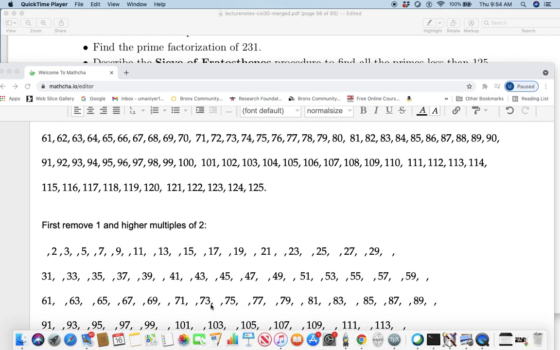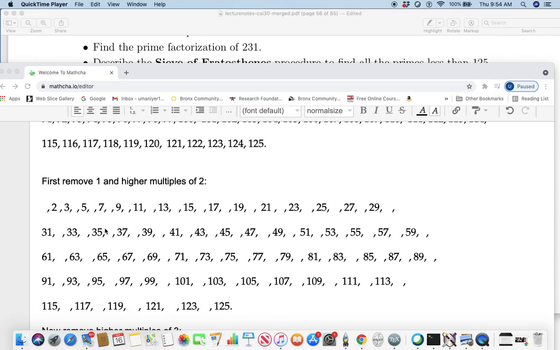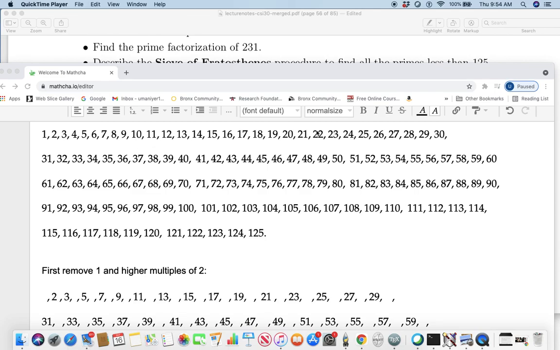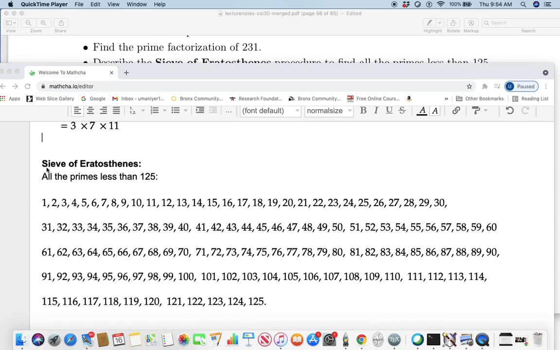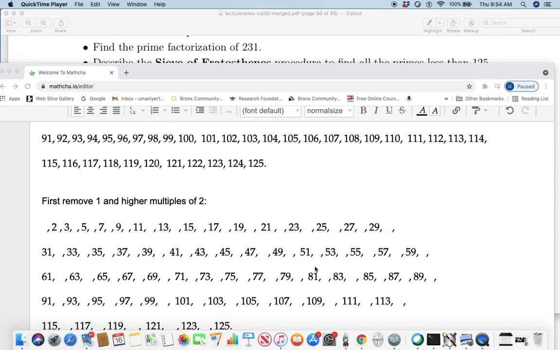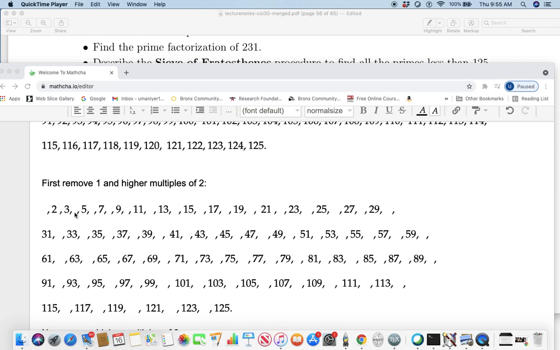You remove all the higher multiples of 2. So notice how you're poking holes in your list of numbers. That's the sieve part. So you have removed higher multiples of 2 until 124.